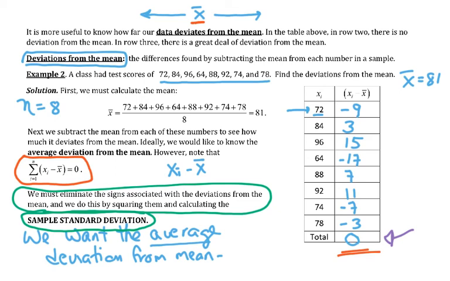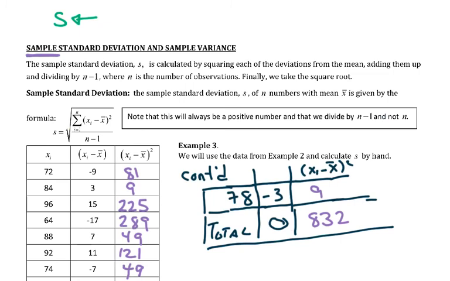So if you knew the first 1, 2, 3, 4, 5, 6, 7 deviations, you would automatically know the 8th deviation. It adds no information because it has to make everything add up to 0.